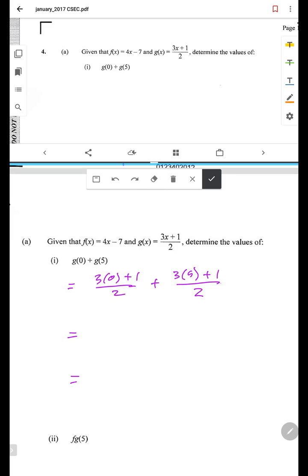So it becomes 3 times 0 plus 1 is 1 over 2, plus 3 times 5 is 15 and 1 is 16 over 2. So the 1 and the 16 is 17 over 2. All right, so the same procedure, I just wrote the wrong thing. That's it. All right, so let's continue.